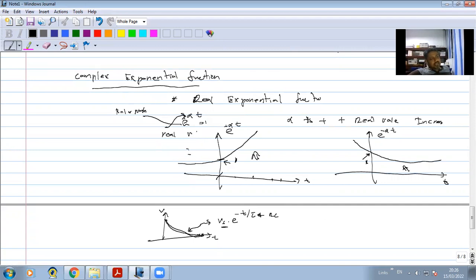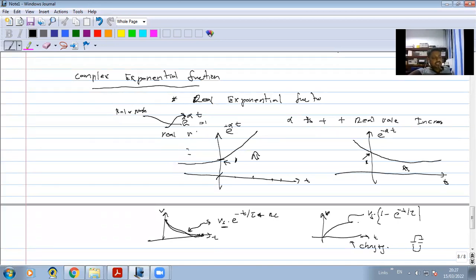As I can remember, charging is like this. This can also be represented using an exponential signal as 1 minus e to the power minus t by tau, multiplied by Vs. This is the capacitor charging: when you connect a battery through a capacitor, the capacitor is charging. So this is the charging curve, showing how the voltage is increasing.